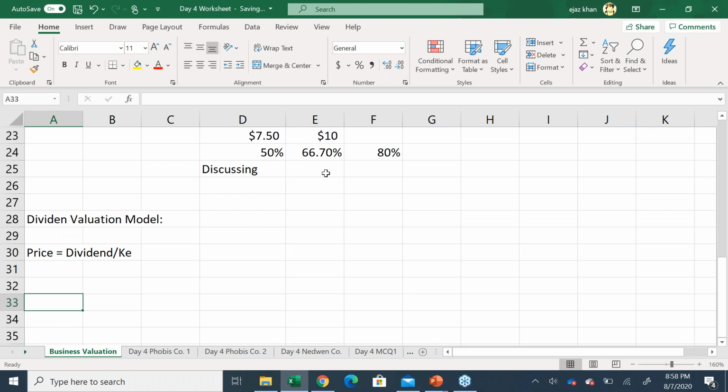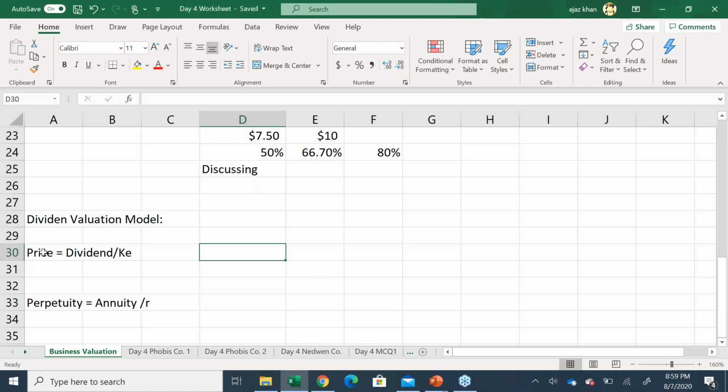If you remember the perpetuity formula, annuity divided by discount rate. Here the annuity is the dividend, because you will be receiving dividends for an indefinite period of time, and the discount rate is the cost of equity. So this price is the present value of these dividends that we will be receiving throughout the life of the company, which is indefinite. So the present value of the dividends will basically be the value of the share. This is the assumption.